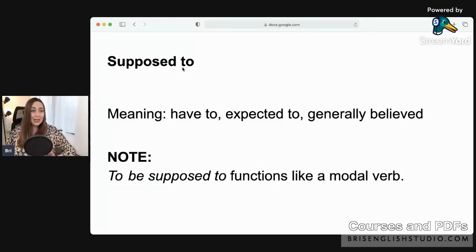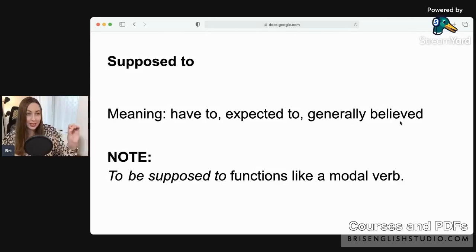We have several meanings for supposed to. It could mean have to. I have to do something. I'm supposed to do something. Expected to, or generally believed. Don't worry, this is just a quick overview.